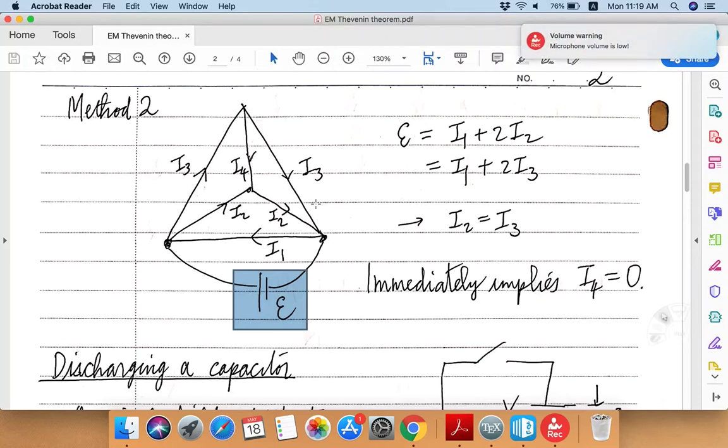Yeah, maybe I should slow down a little bit. Okay, so first of all, let's look at this big triangle over here.